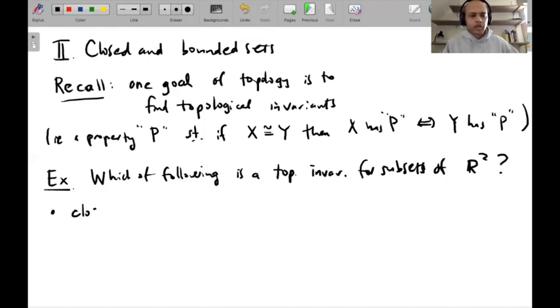The first condition is being closed. The second is being finite. And the third is being bounded.